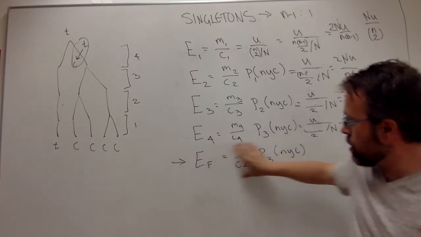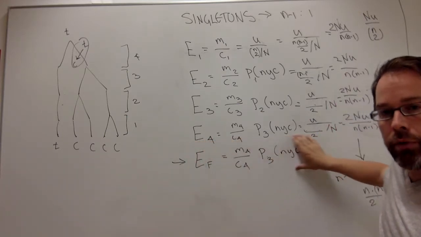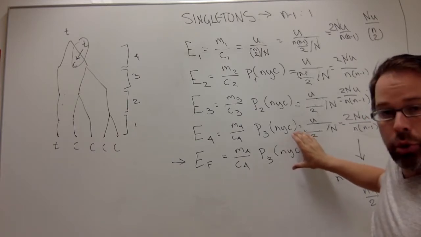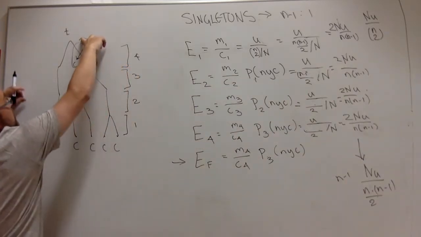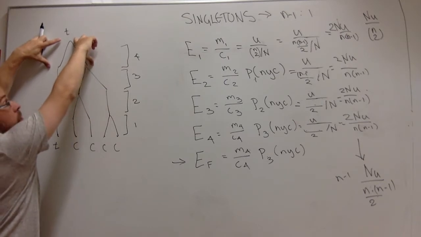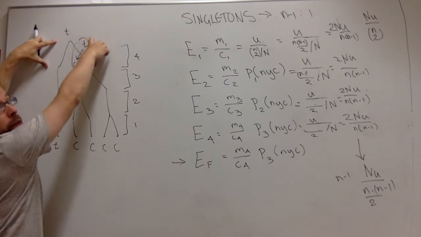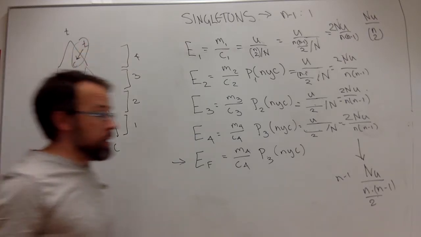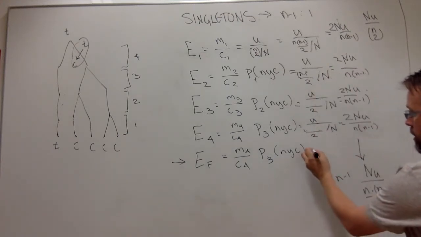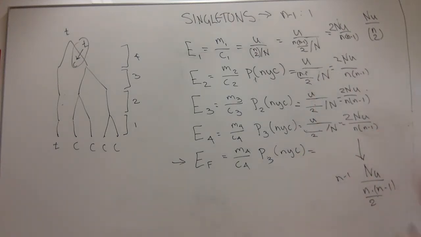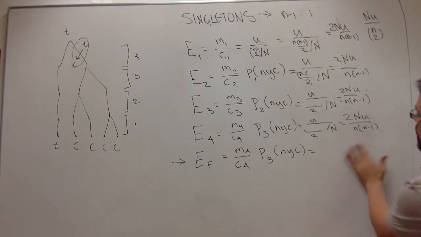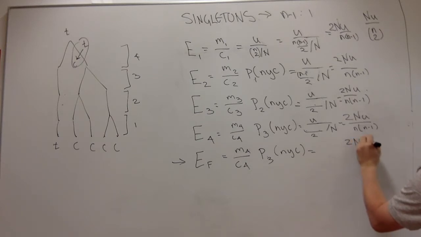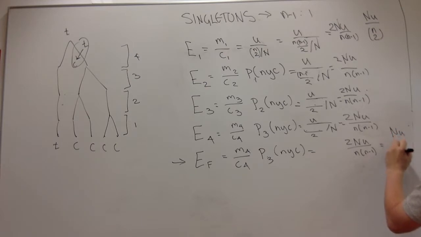So actually the contribution of this term to the singletons is exactly the same as this one, right? These are 2 branches of the same length with the same mutation rate, both dependent on coalescence not having been reached here. And so actually this is just one more of these terms. One more 2nu over n minus 1, which is equal to nu over n choose 2.